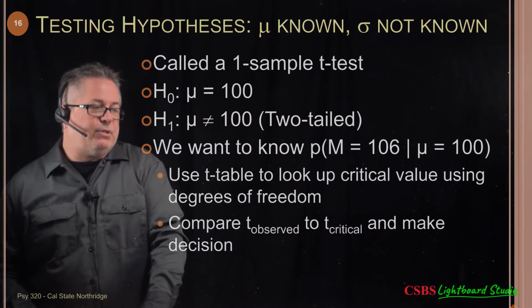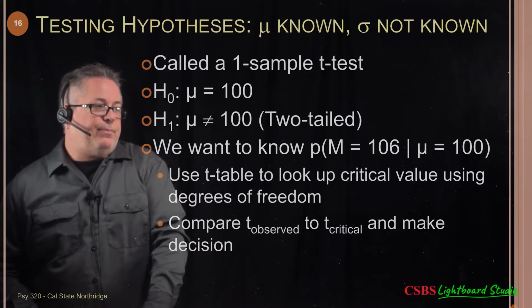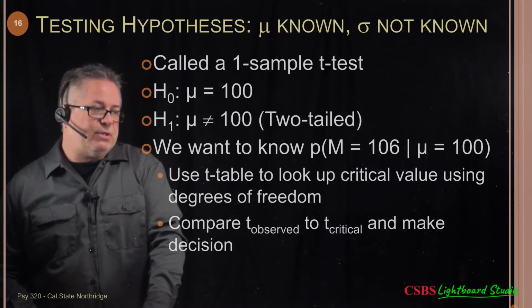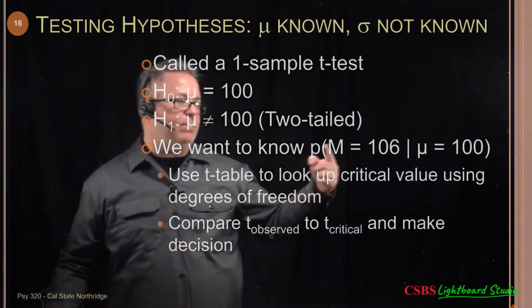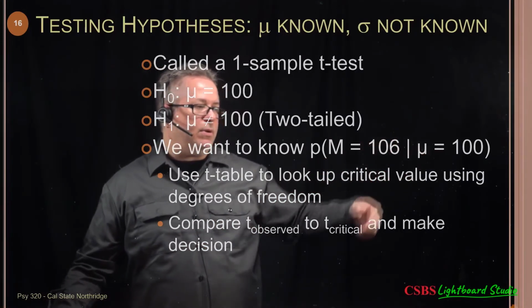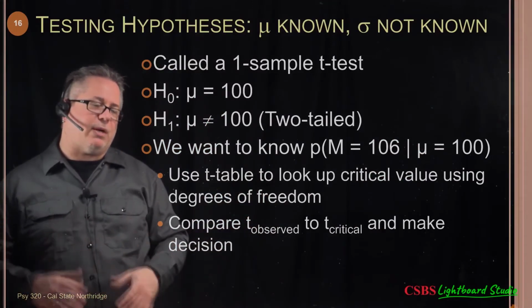Notice the null and alternative, if we're doing a two-tailed test, are the same. We're testing the null that mu equals 100 and the alternative that mu does not equal 100. We want to know what's the probability that the mean equals 106 given that the population mean is 100. It's the same assumption, we're trying to do the same thing, it's just that we're going to use a different process.